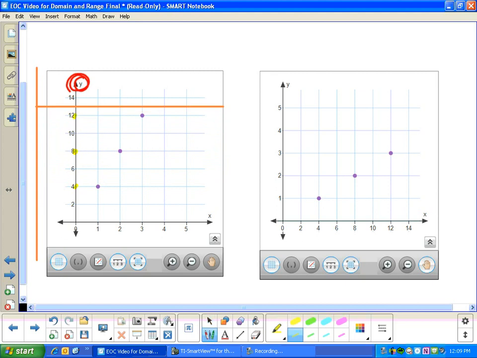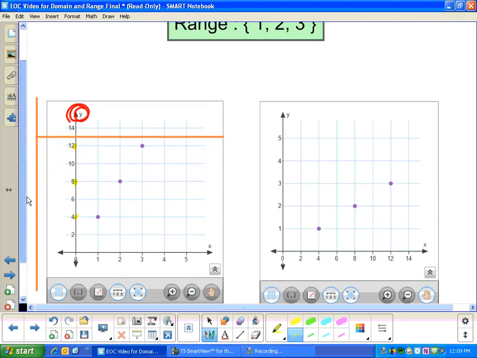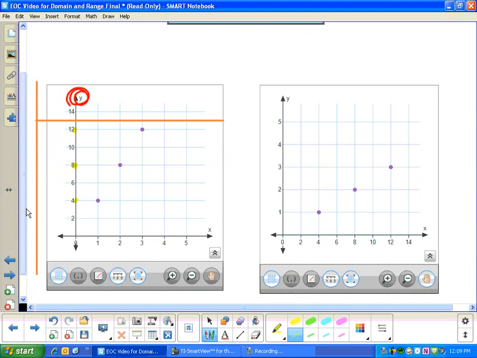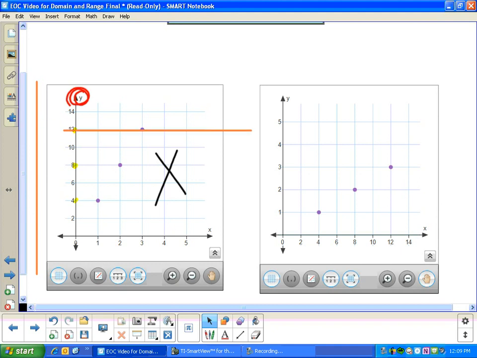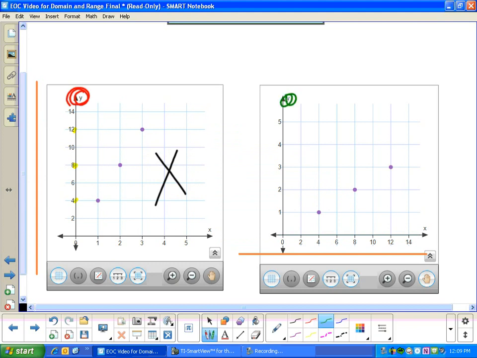So I'm looking at my y-axis, and I see that I've 4, 8, and 12. And is that what I wanted? Nope, I wanted 1, 2, and 3. Not a match. Now I'm going to use my rangefinder to look at my second graph. Okay. Going to move it up the y-axis because I'm looking for my range.